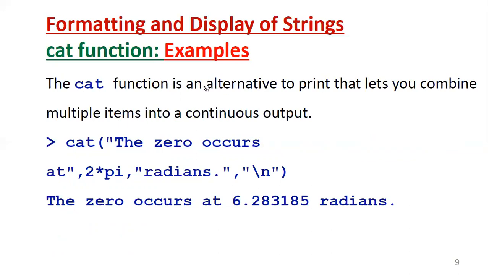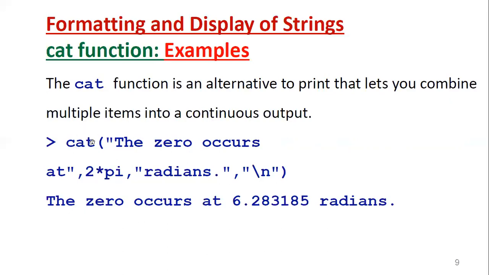The cat function is an alternative to print that lets you combine multiple items into a continuous output. Multiple items means different individual outputs can be combined and displayed in a single format, meaning a single line, by combining all.